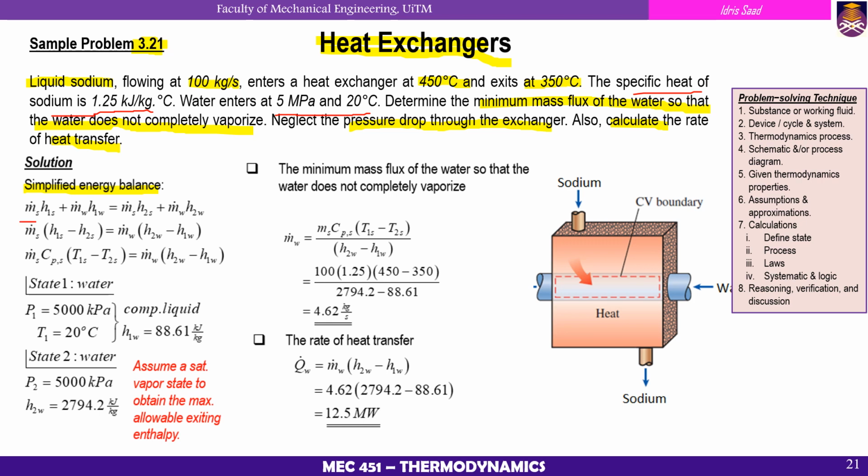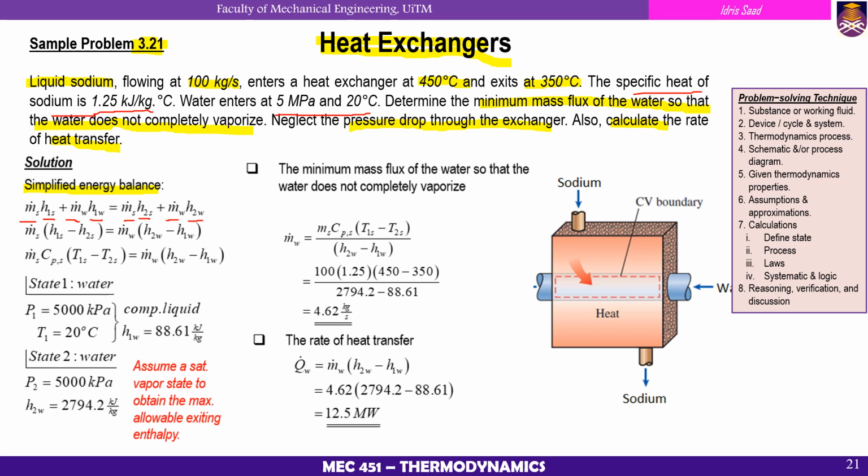Mass flow rate of the sodium times the enthalpy at the inlet of the sodium, plus mass flow rate of the water times the inlet enthalpy of the water, is equal to mass flow rate of the sodium times the enthalpy at the exit of the sodium, plus mass flow rate of the water times the enthalpy at the outlet of the water.